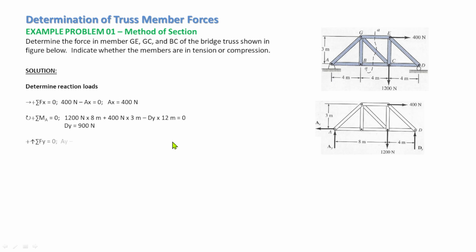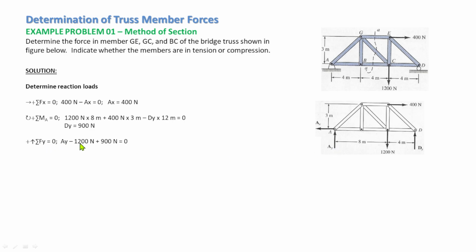Then we have determined the vertical reaction Dy. The next one is we will sum up forces along y. The summation of forces along y is equal to 0. The purpose of this is to determine the reaction Ay here.